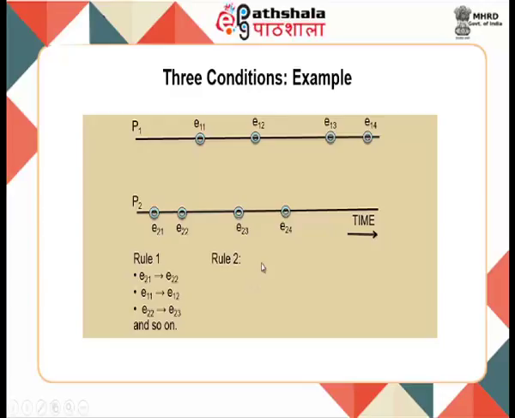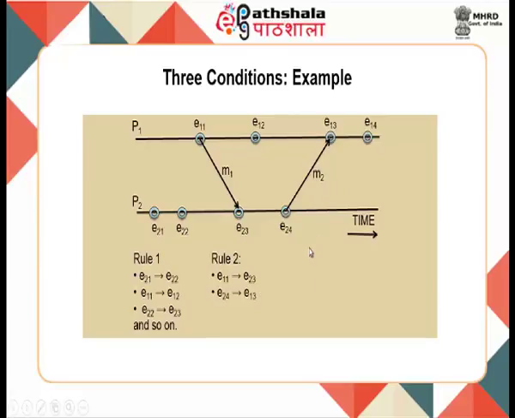In rule 2, we say if there is a sent message, then the message sent event happened before the message receive event. So, if M1 is a message, E11 is a message send event and E23 is a message receive event, then we have E11 happened before E23. Similarly, M2 is a message, E24 happened before E13.